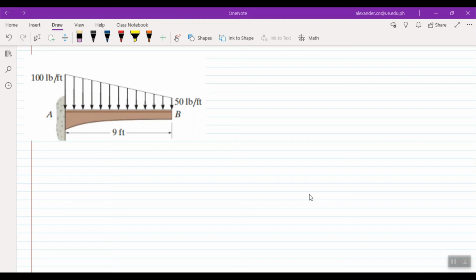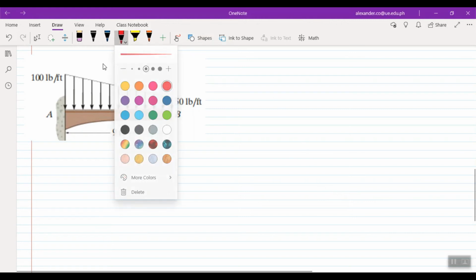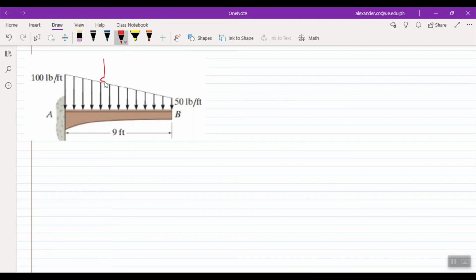Okay, so next problem, ito naman. What is the shape? It's a shape of trapezoid. Question, sabi nga, to get the resultant, kailangan natin yung area. So, assuming na nandito yung location ng resultant, F_R, kunin lang natin area.